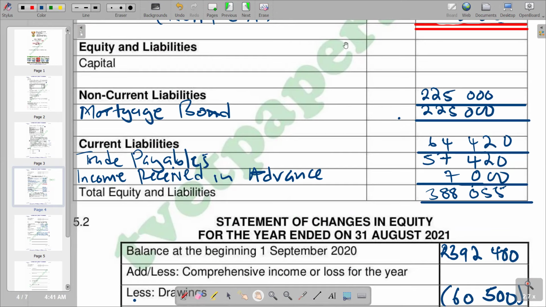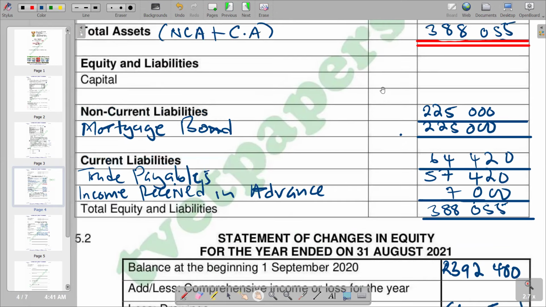Then we get our figure for capital. You are going to get your answer as 98,000.